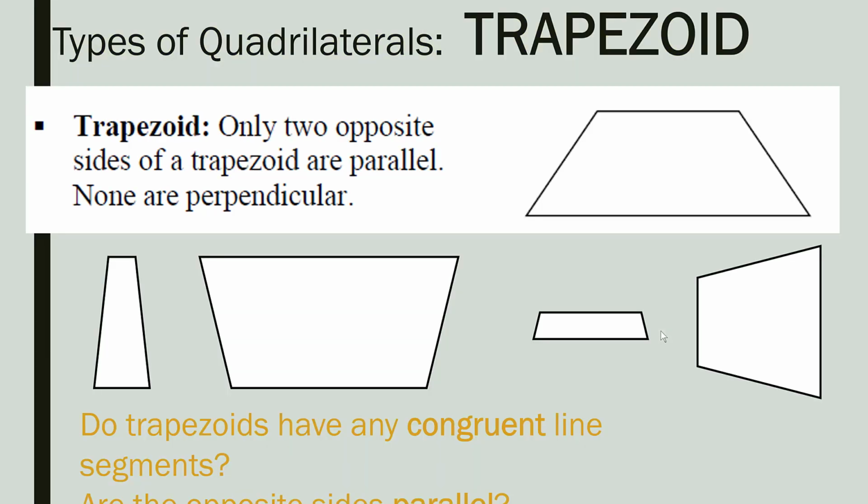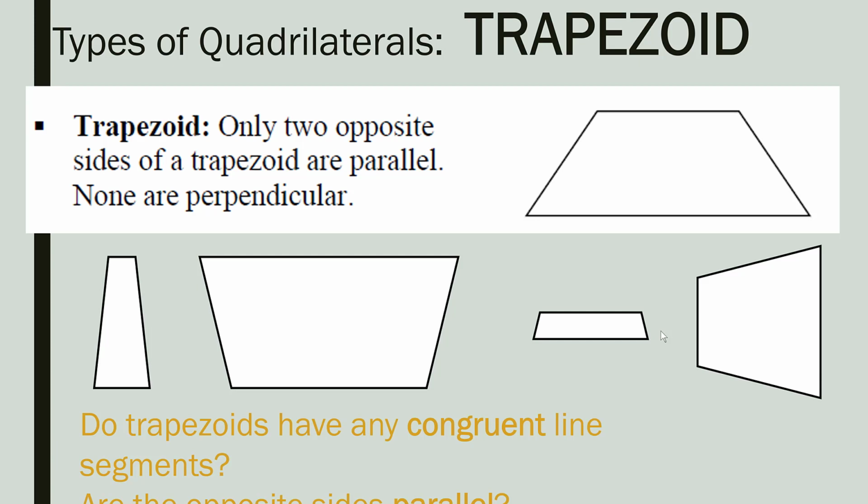All right, and a trapezoid. A trapezoid also has a pretty cool name. A trapezoid is a quadrilateral that has 2 opposite sides, so 2 sides are parallel, and then none of the sides are actually perpendicular to each other. There are intersecting lines, but they're not perpendicular. So that's why it looks kind of funky.